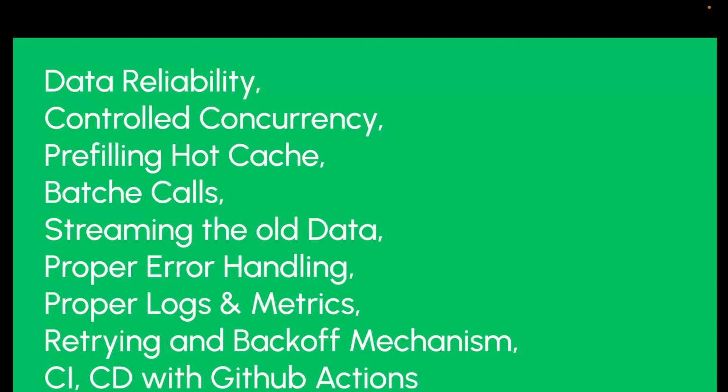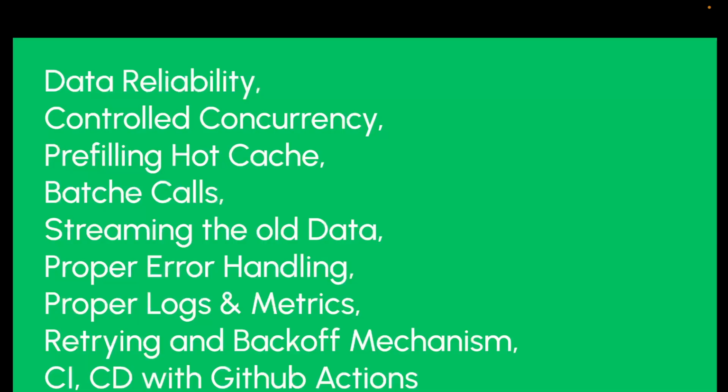Controlled concurrency. We should respect the rate limit, and we should control the concurrency to speed things up, because for migrating 2 million data you cannot use 7, 8, 10 days. You need to complete it in 10, 20 hours. So we need controlled concurrency.